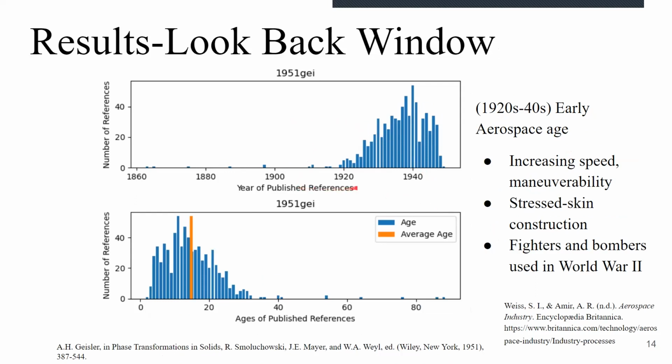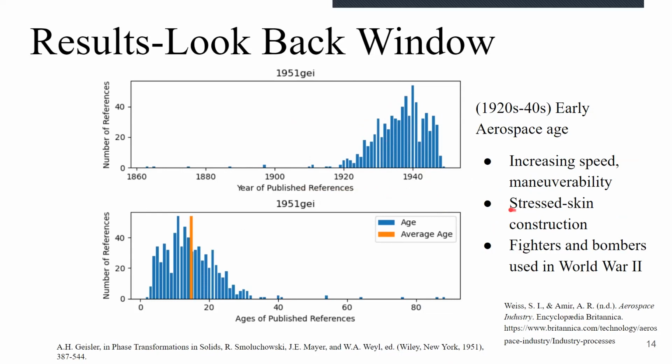The second paper is 1951 Geisler. So what affected the number of references and publications here was the early aerospace age, which saw a desire for increasing speed and maneuverability, and the invention of stress skin construction, which was when the outer layer of a plane was made and designed so that it could hold loads, so you wouldn't have to rely on the heavy structures within the plane.